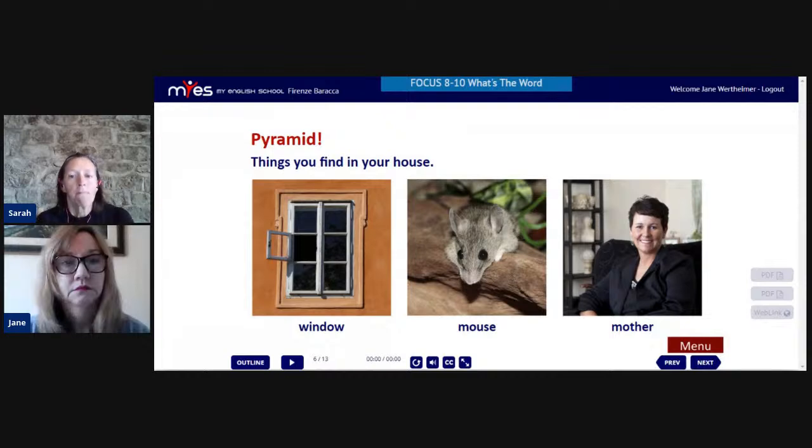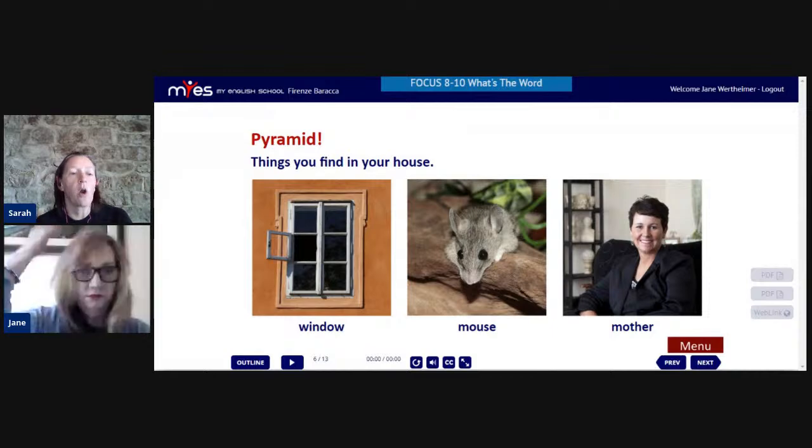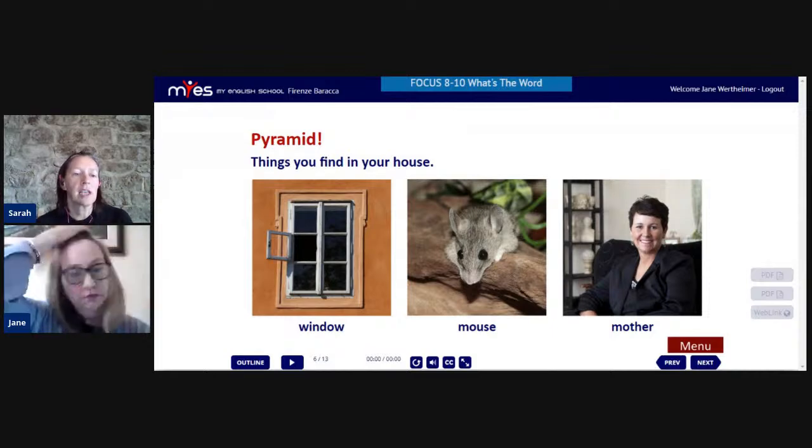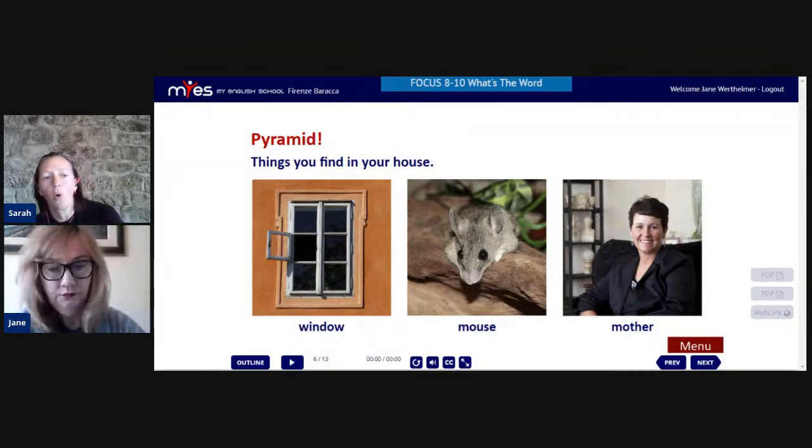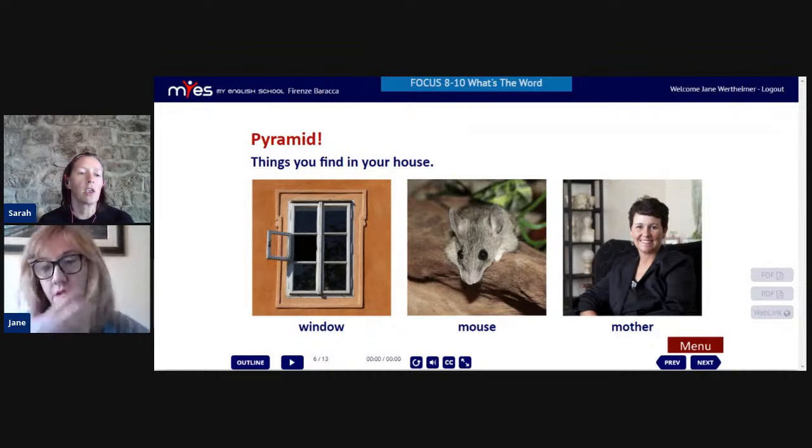How about function? Function is one where you're thinking, why do you need the thing? What's interesting is we often use the passive to say it is used for, or it is used to, if you're going to use a verb.